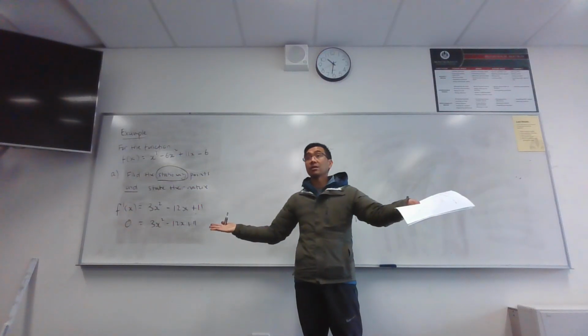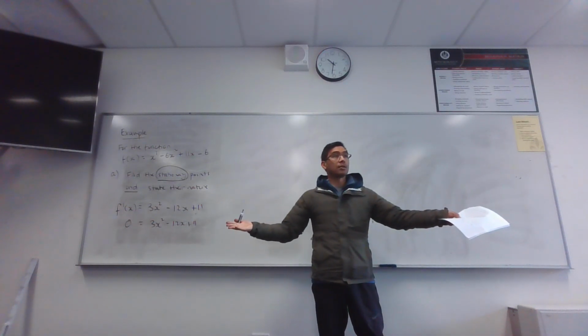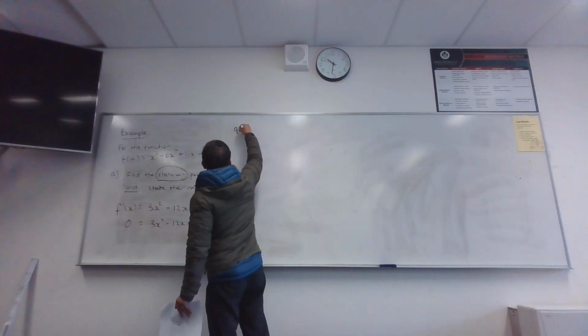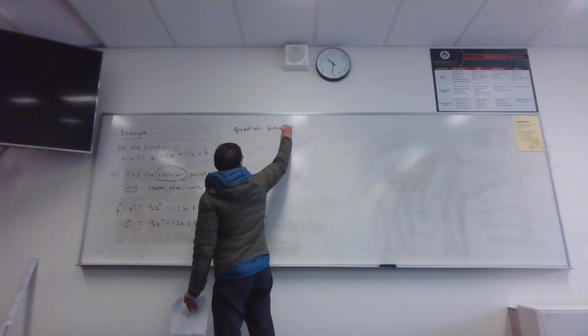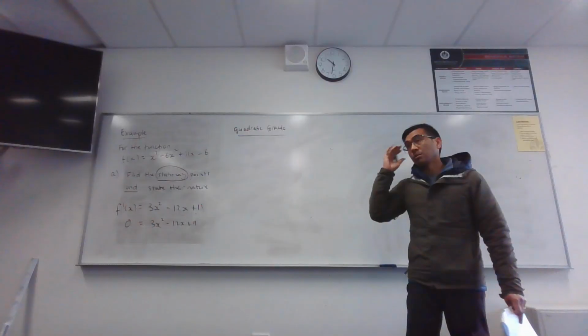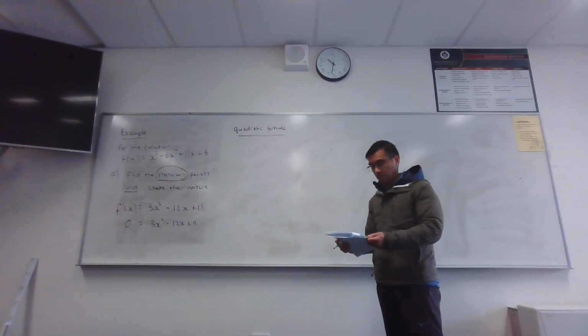Tim said it at the start. What did Tim say? Beginning of the lesson. The quadratic formula. So the quadratic formula will always give it every single time. But the negative is that it's long.